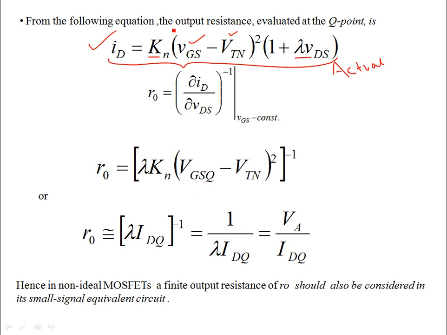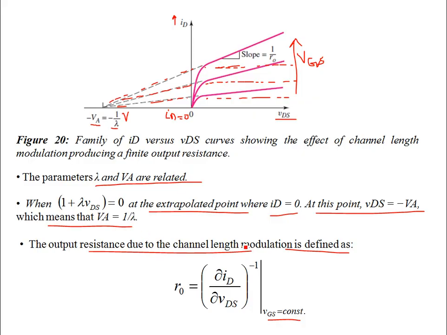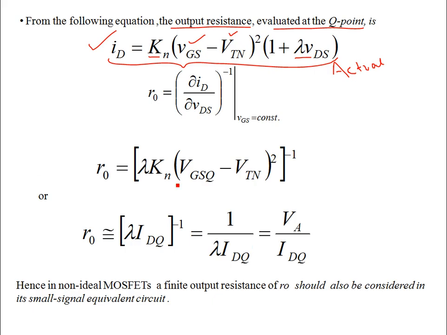So the following equation can be used to derive the output resistance, basically evaluated at the Q point when the transistor is biased in the saturation region. So we are in the saturation region right now. This R naught is the change in ID over change in VDS, inverse, so it becomes ohms. This quantity has to come in ohms because it is the inverse: a change in voltage over current, volts over amperes, is ohms.